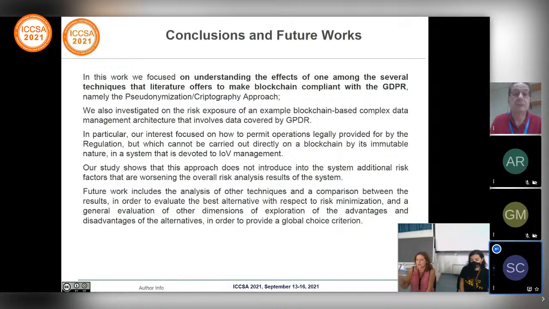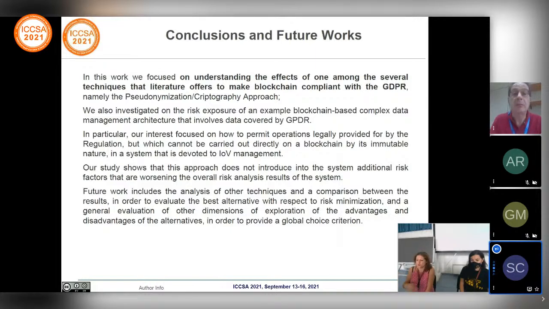Our interest was in how to permit provisions that are legally provided for by the regulation but cannot be carried out directly on a blockchain because of its immutable nature, in a system devoted to Internet of Vehicles management.